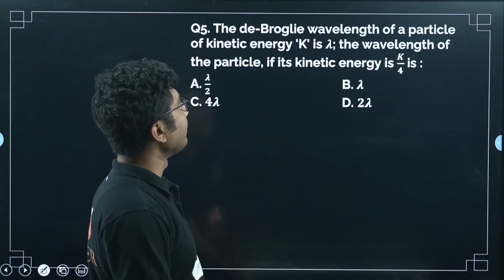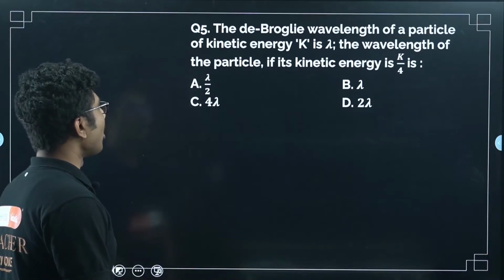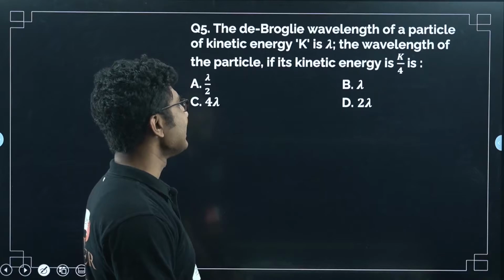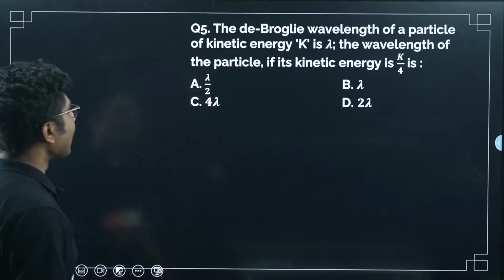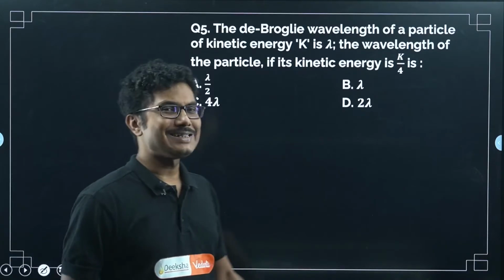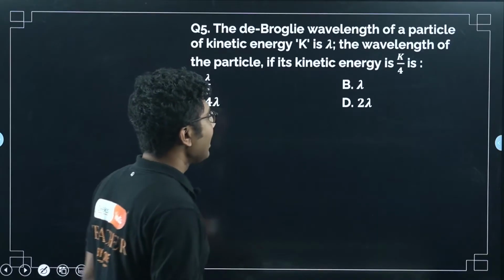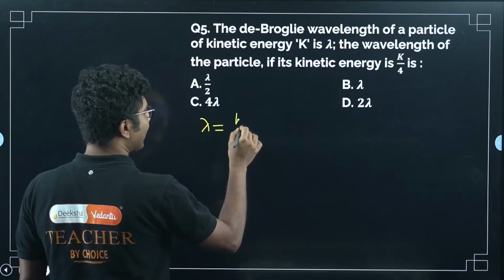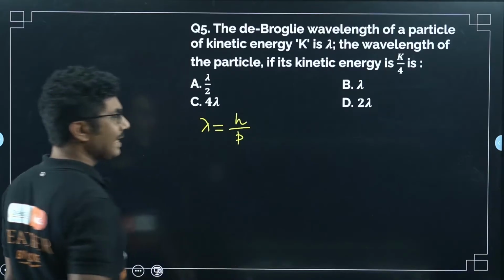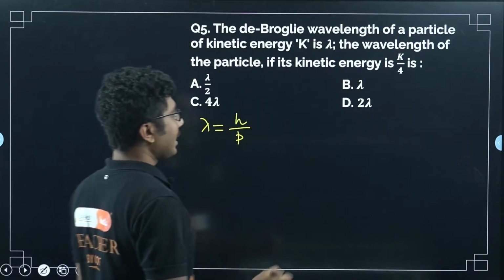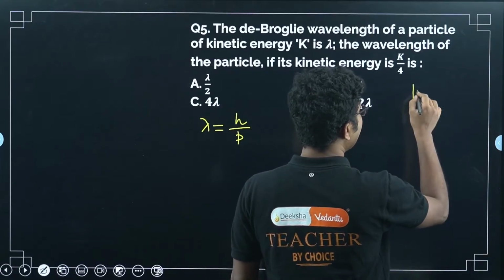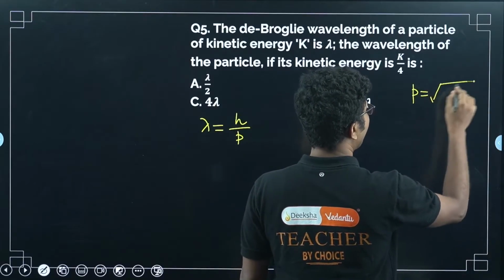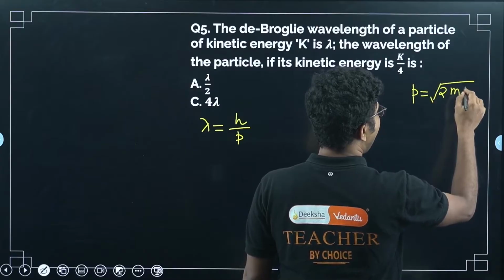The de Broglie wavelength of a particle of kinetic energy K is lambda. What is the wavelength of the particle if its kinetic energy is K by 4? Now if you remember, de Broglie wavelength is given by lambda equals h by p. What is p? p is the momentum. Also, we say that p is nothing but square root of 2mK.